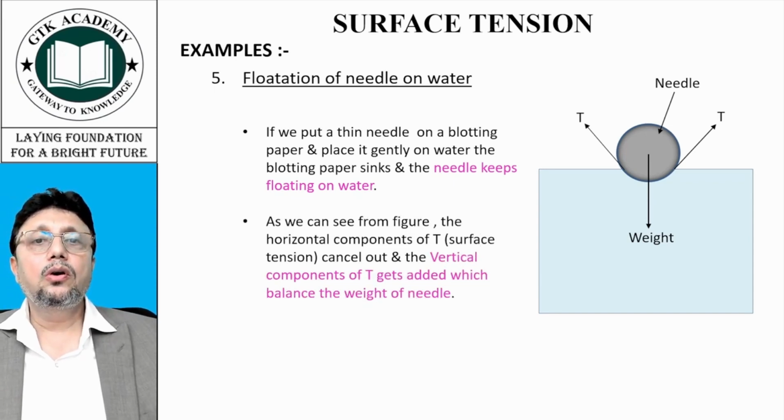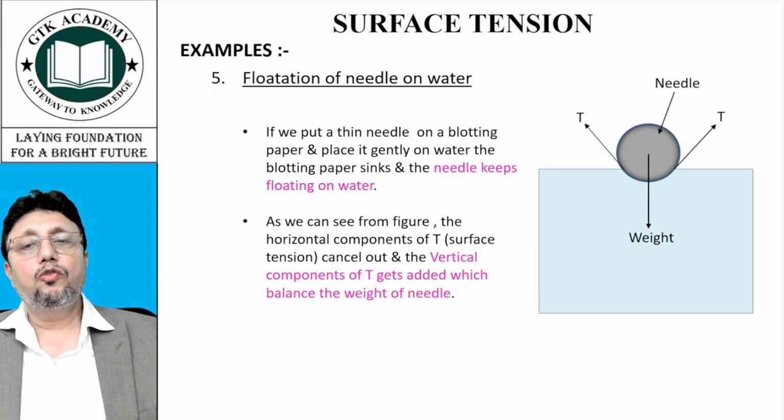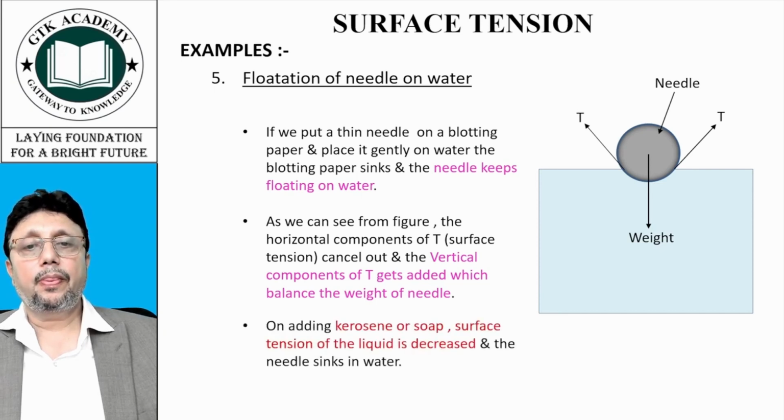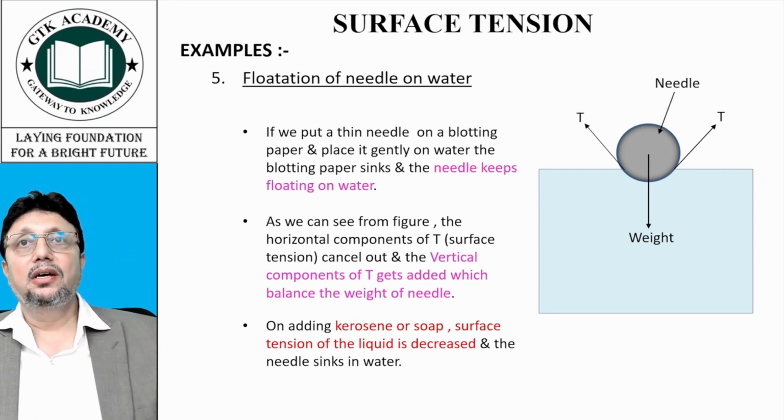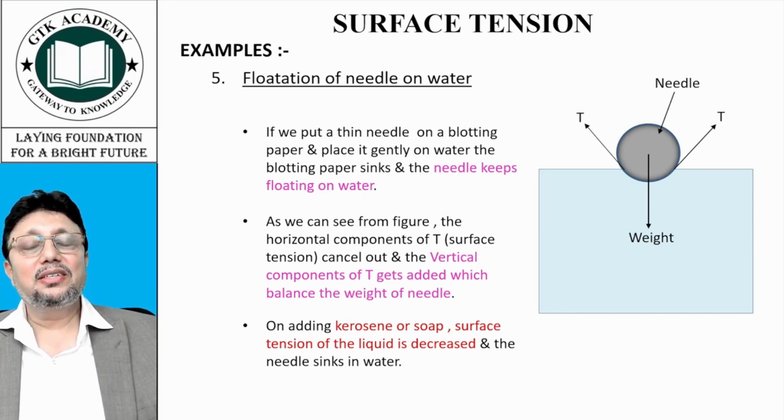So this is how the needle floats on water. However, if you add kerosene or soap, the surface tension decreases and the surface membrane becomes a bit weak, you can say. So the needle sinks.